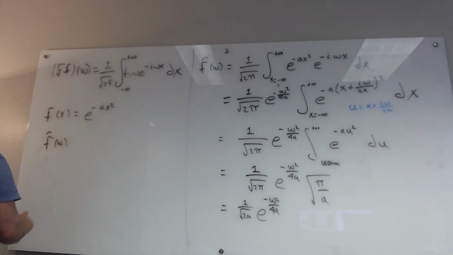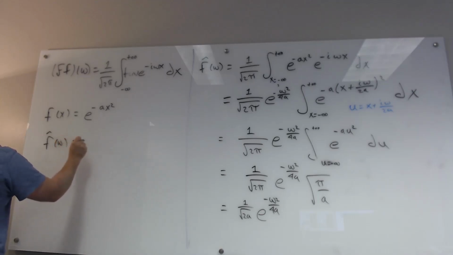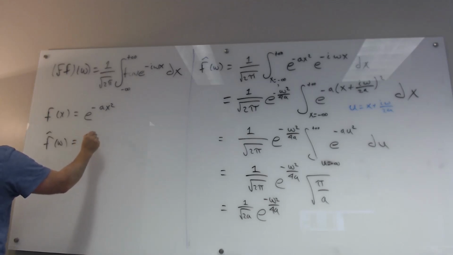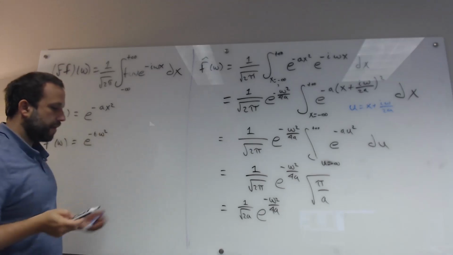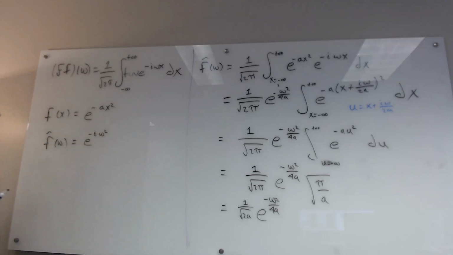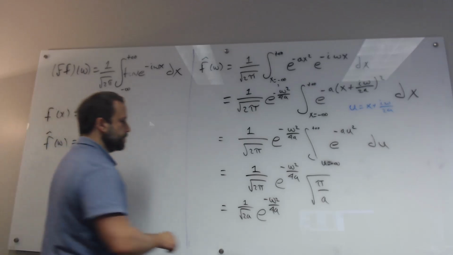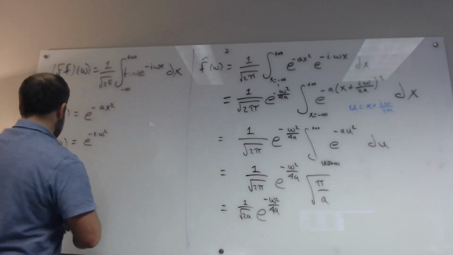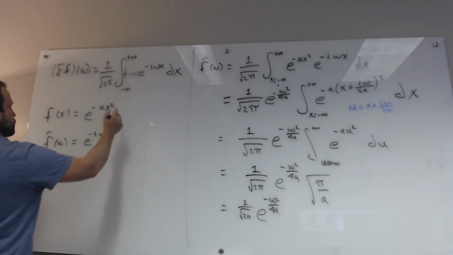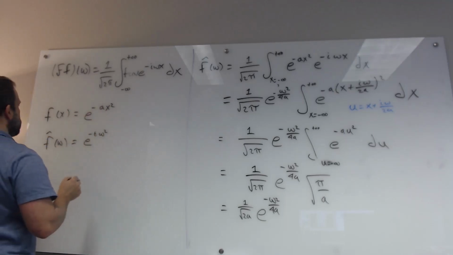We know that the Fourier transform of the function is equal to e to the minus t omega squared. Things like this will come up a lot. Let's say we know its Fourier transform is e to the minus t omega squared.